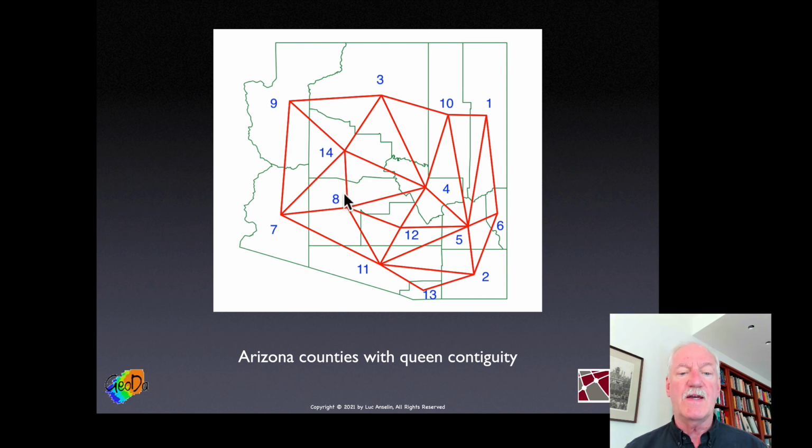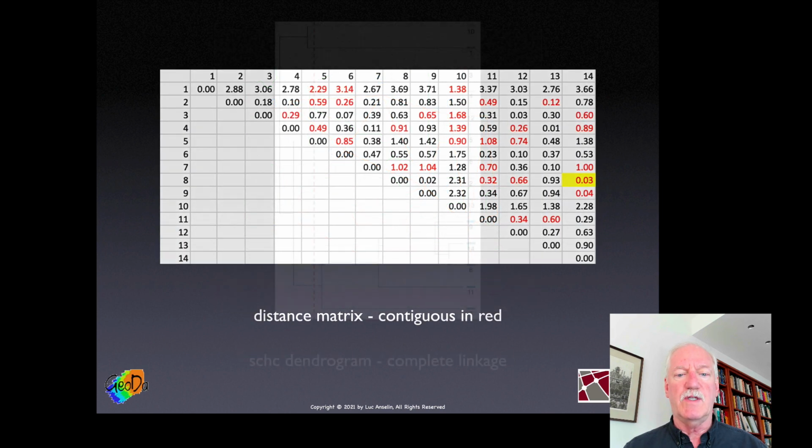But as 8 and 14 are merged, the neighbor set is reconstructed, or actually updated, to contain the neighbors of the full cell now. And as always in hierarchical clustering, once two units are combined, they are never separated again. So it's easy to update the weights matrix in that respect.